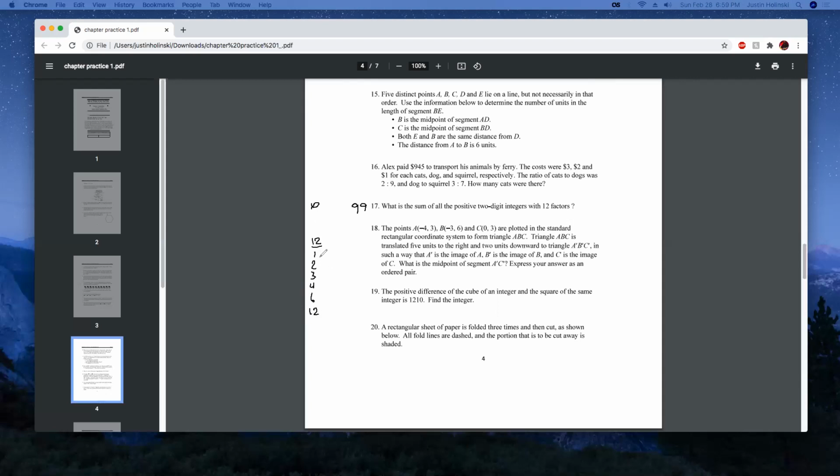So 12 only has 6 factors. So we're definitely not going to include any of the prime numbers. We're probably only going to include numbers like maybe 30, 60, 90 that we know for a fact have a lot of factors. But actually, hold on, let me think of a number that has a bunch of factors. 36? It could possibly work, but unfortunately we are all out of time for this evening.